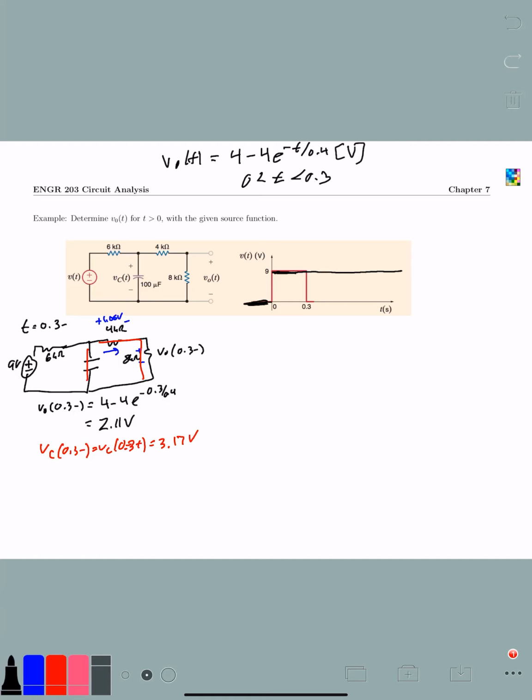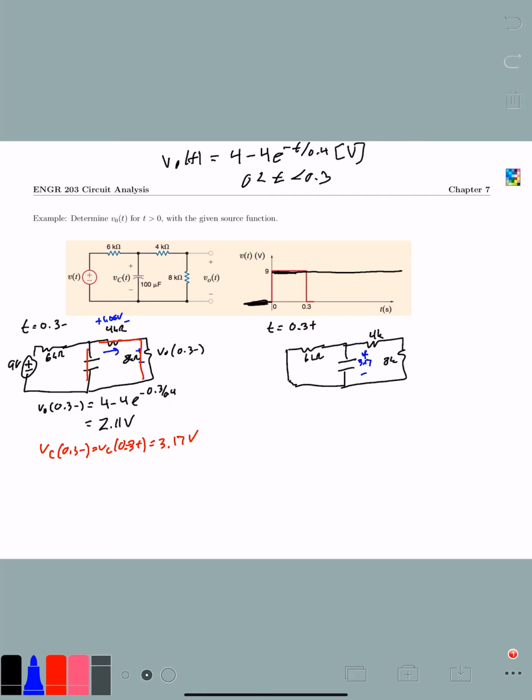Once we have that, we go ahead and look at 0.3 right after the switch. The source goes to 0. I have my capacitor here, and I know that the initial voltage here is 3.17.